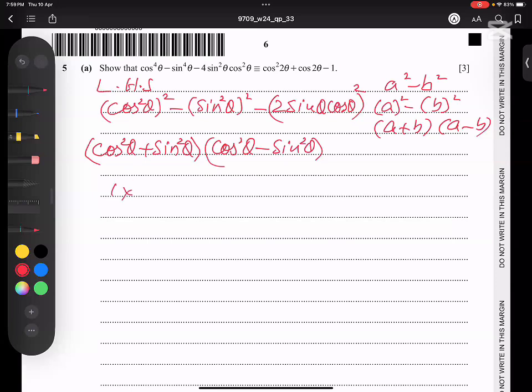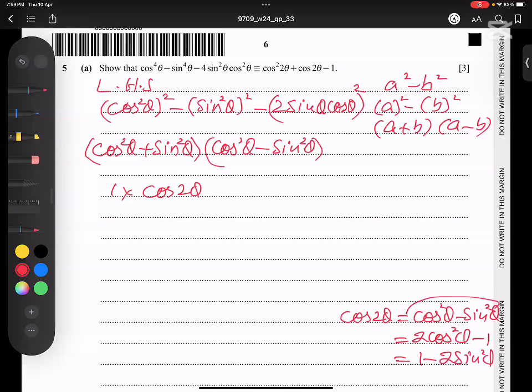So I got a 1, and this turns out to be cos double theta. Because if you recall, we have 3 formulas for cos double theta. First formula, cos square theta minus sine square theta. Second formula, 2 cos square theta minus 1. And third was 1 minus 2 sine square theta. So I have used this one here. I think you got the point.